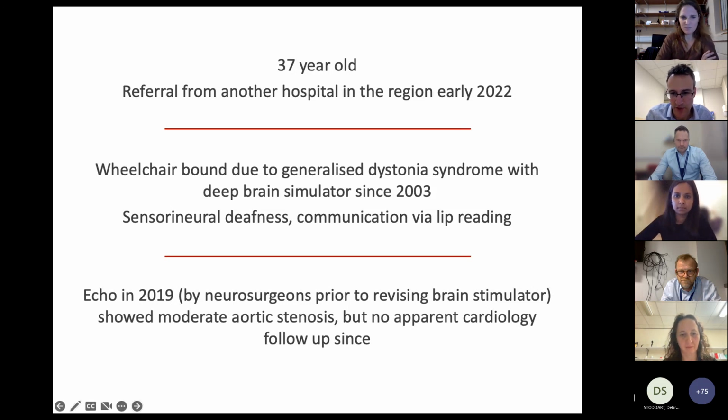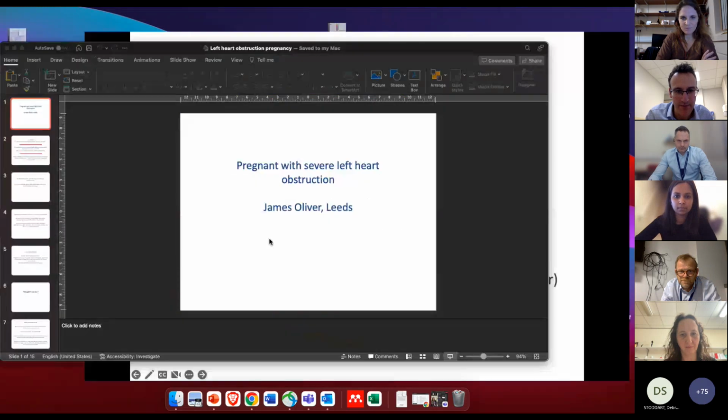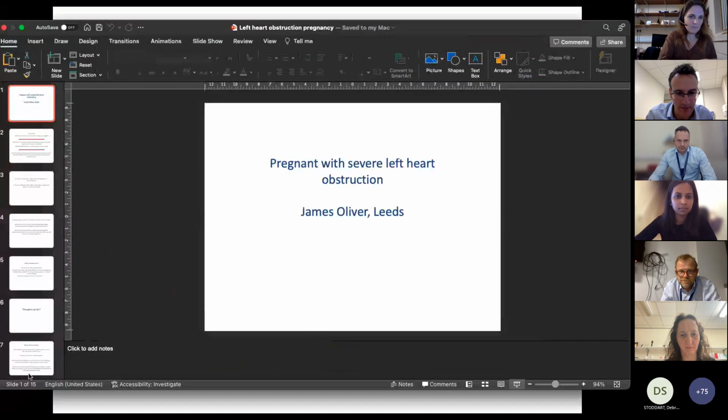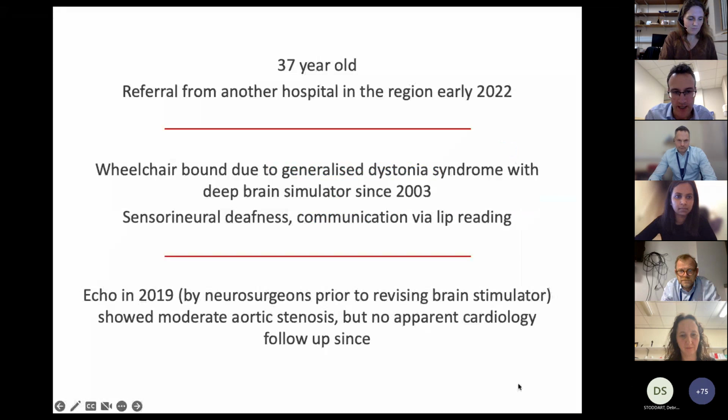From a cardiac point of view, she had an echo in 2019 that the neurosurgeons had organised just before revising her brain stimulator. That had apparently shown moderate aortic stenosis, but as far as anyone can see, she hadn't had any cardiac follow-up or referral since then.